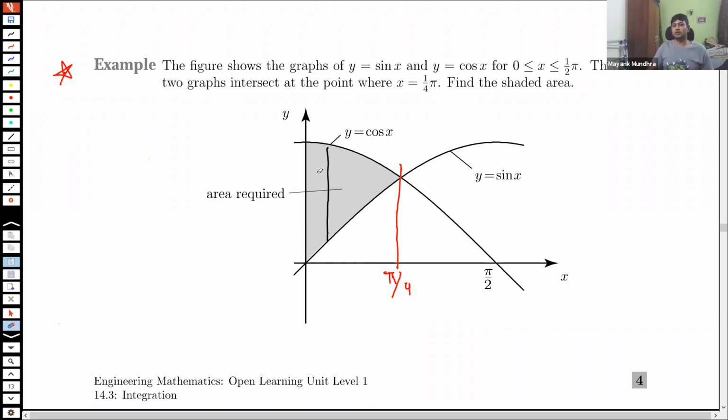So at any point x, this length is basically cos x minus sin x. Cos x is larger, sin x is smaller. So I can calculate it as cos of x minus sin of x dx.